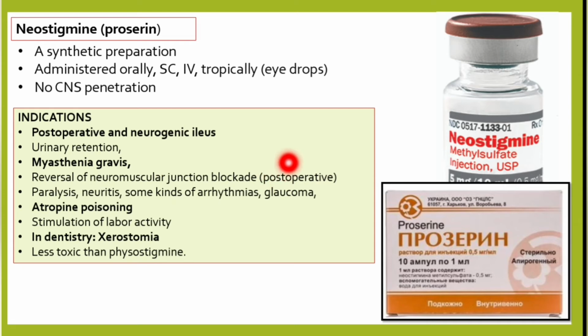For example, if you're using curare-based compounds like tubocurarine. It's also used in paralysis, neuritis, and some kinds of arrhythmias, and also in glaucoma. This drug is also used in atropine poisoning. It can stimulate labor activity, and in the industry, it can be used for xerostomia, that's a dry mouth. And this drug is less toxic.